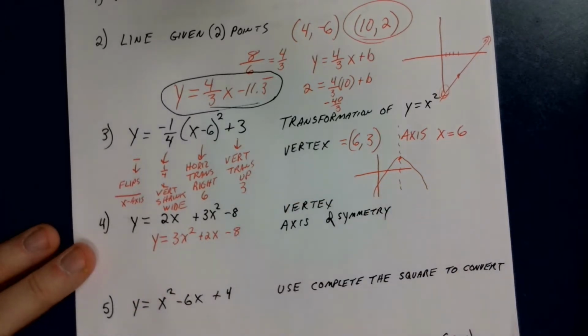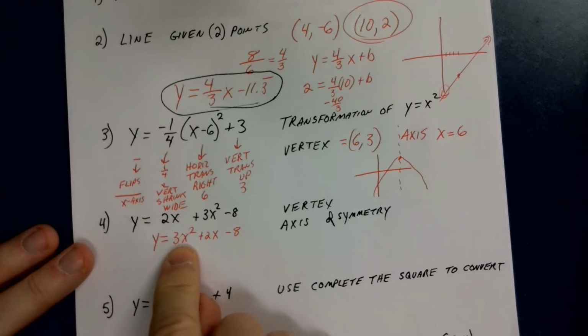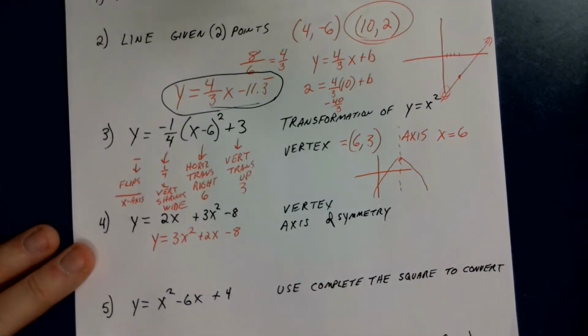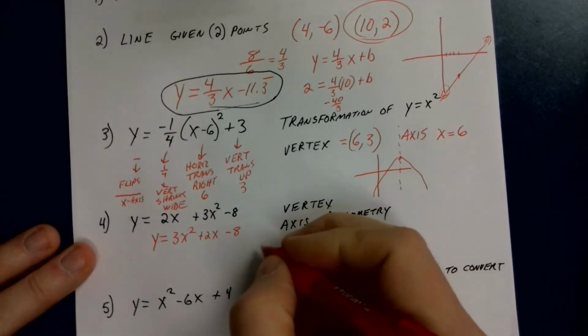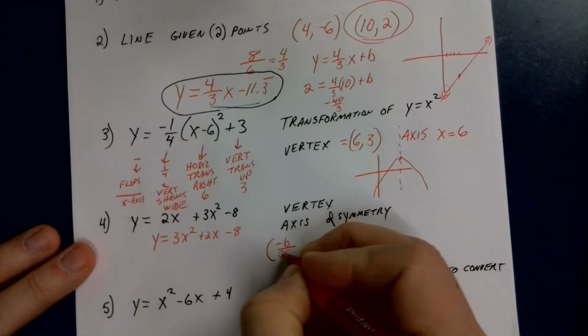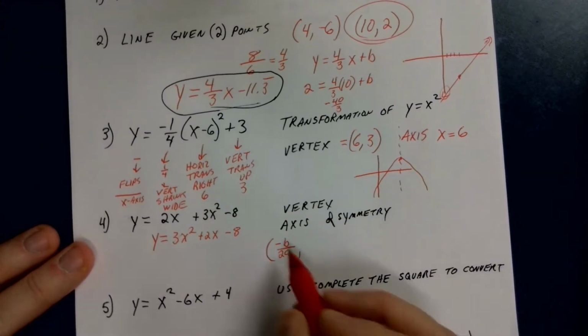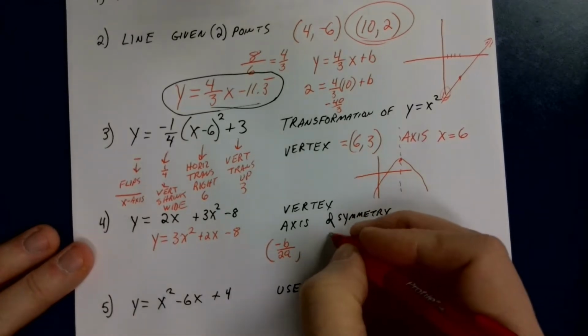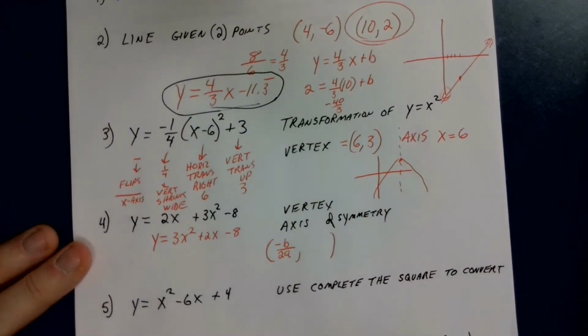Good deal. You guys know that this opens up, right? It opens up, and it's pretty skinny because that 3 makes it grow faster. Okay, so I want a vertex. I can find the x value of the vertex by taking negative b over 2a and then plugging that into the equation to find the other part.